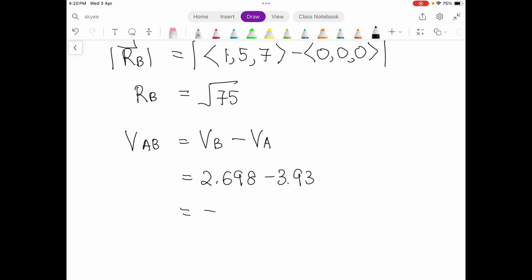Then you get negative 1.23, something like that. So this is the potential difference, VAB.